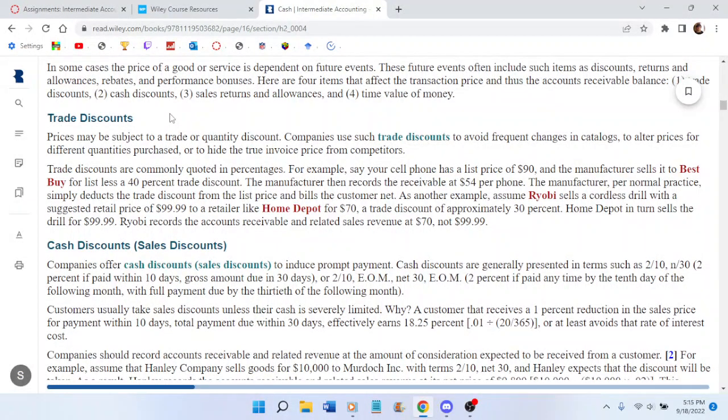Trade discount. Trade or quantity discount. They really just said that your cell phone has a list price of $90? How old is this textbook? It's not even an old textbook.